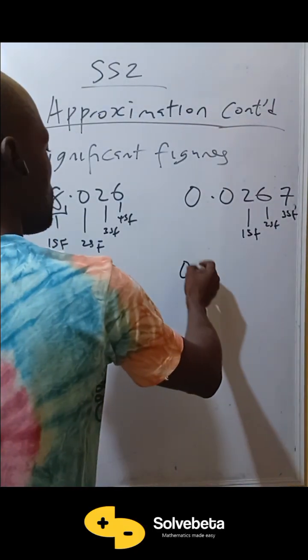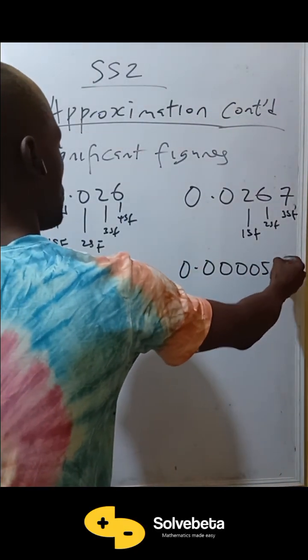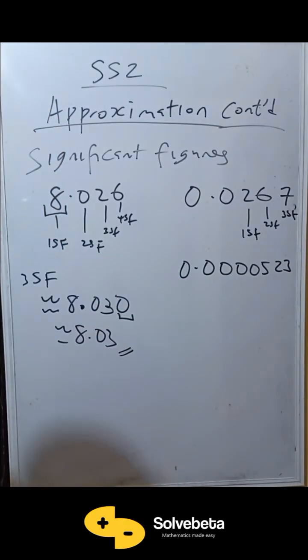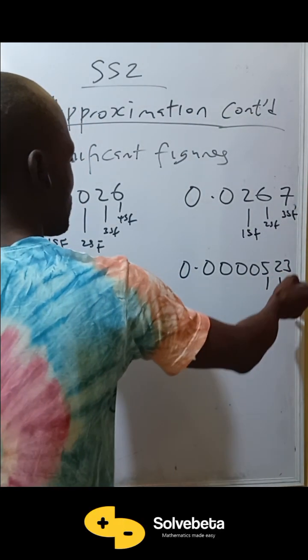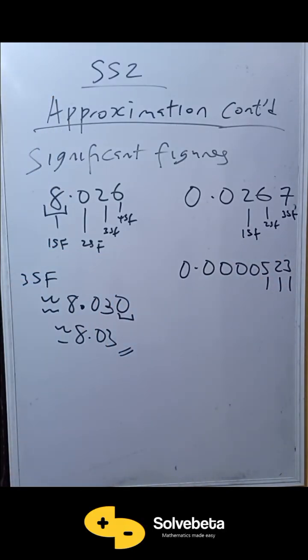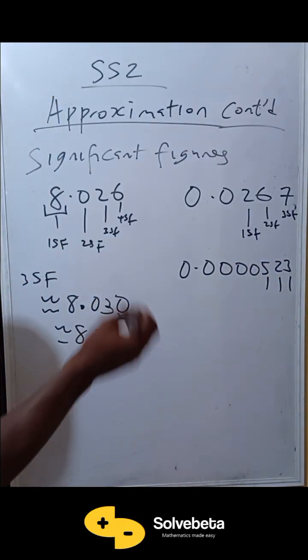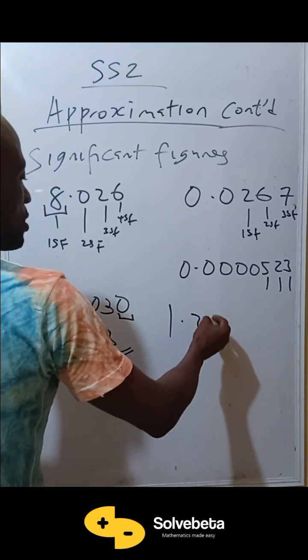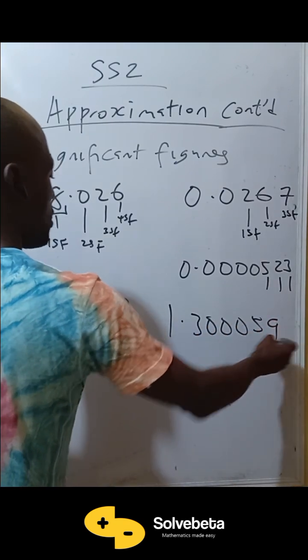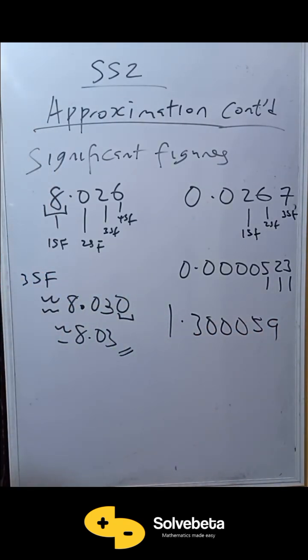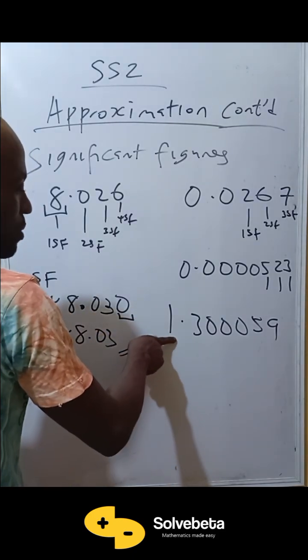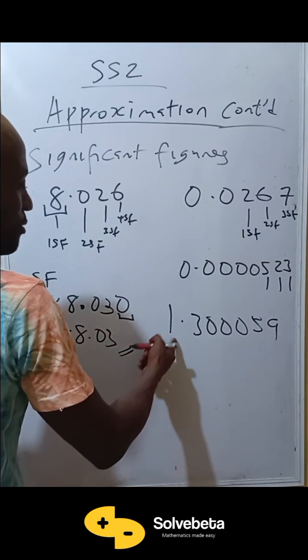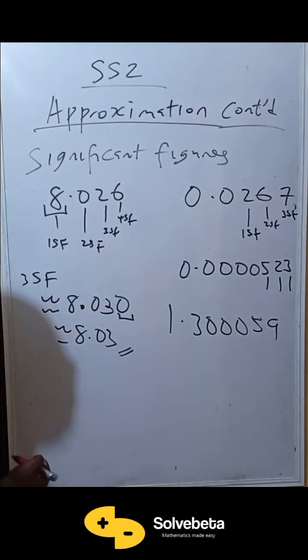Imagine this, if you have 0.0000523. Now, what is the first significant figure? The first significant figure here is this. The second significant figure is this. And the third significant figure is this. The first non-zero digit. But if you have this 1.300059, because this decimal is greater than 1, the whole number, the digit before the decimal point, is not 0.